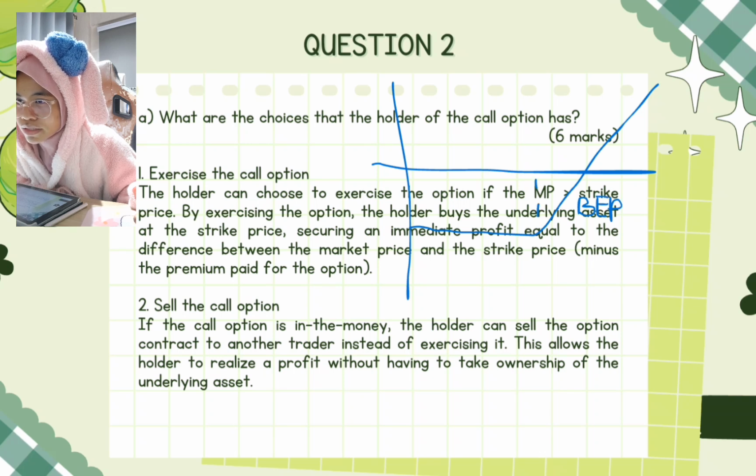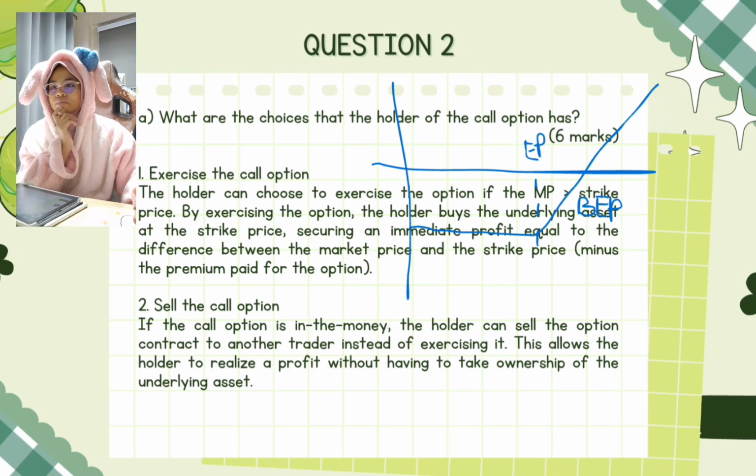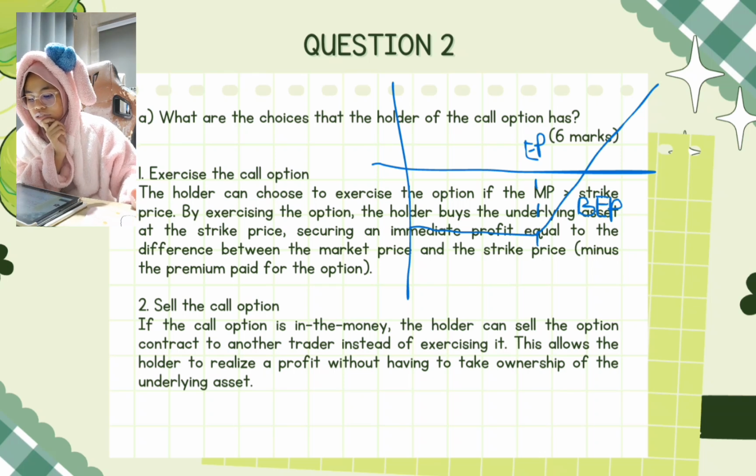This is the EP. Okay, so this is the EP, this is the BEP, and if the market price is more than the strike price, here is the direction of the market price.